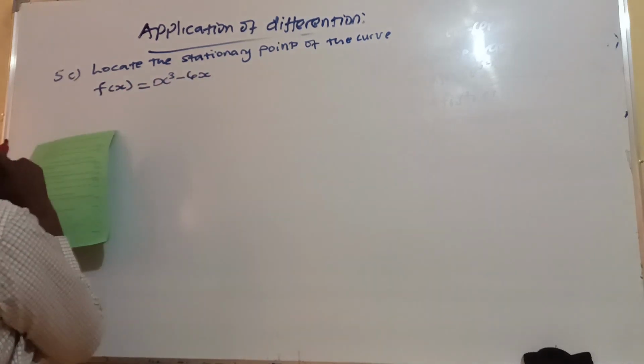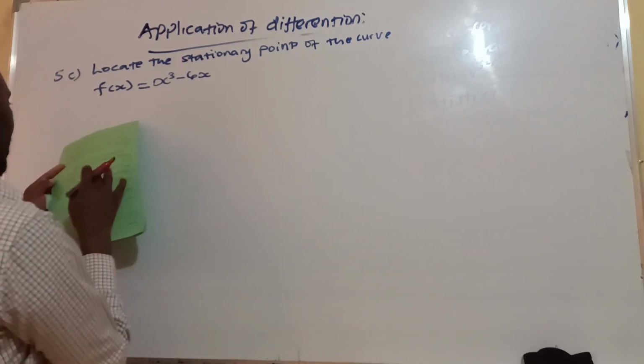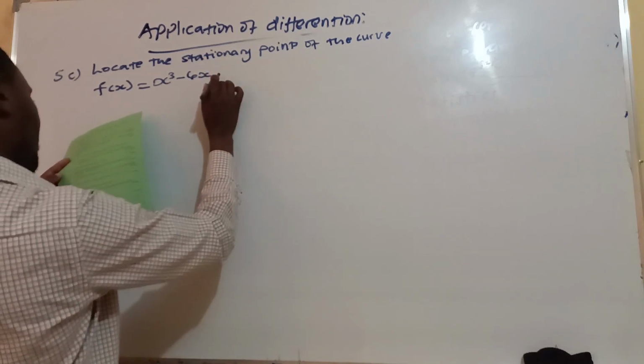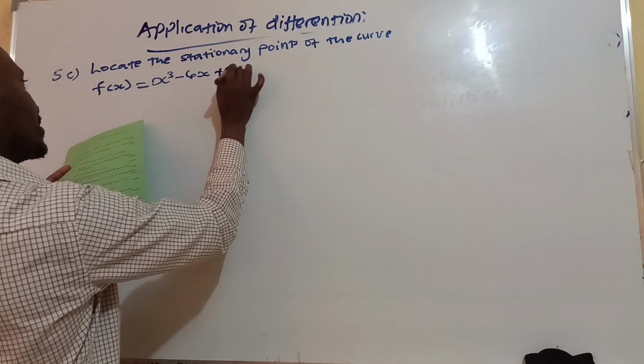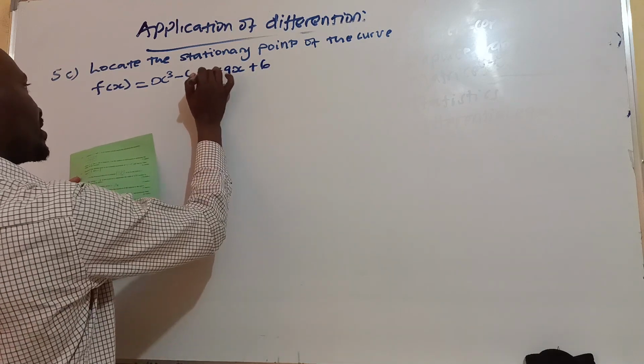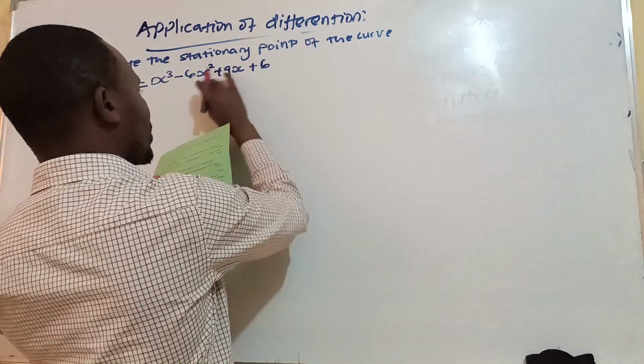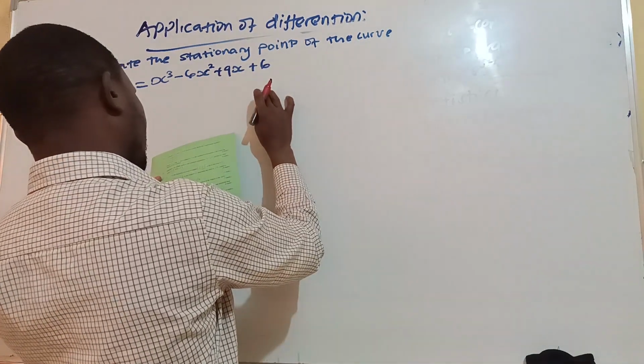I don't know whether this should be 6x squared. Okay, because it's minus 6x plus 9x plus 6. I think this should have been 6x squared. I don't know. Maybe you try that 6x squared, because it should be combined if it's not 6x squared.